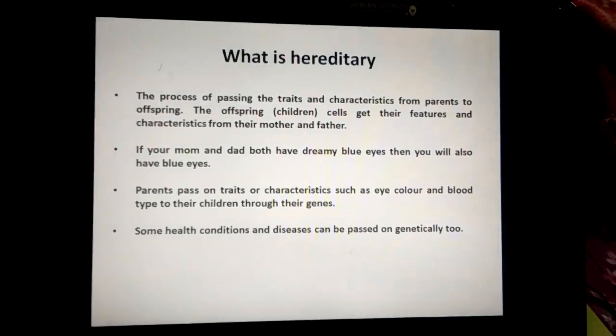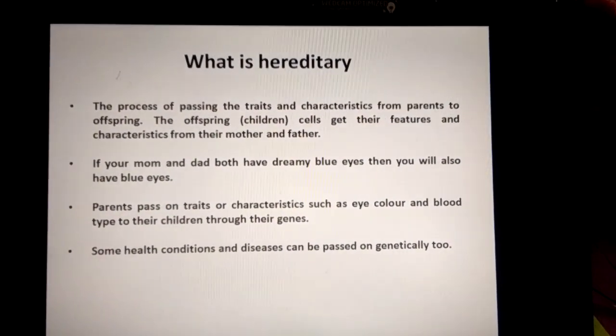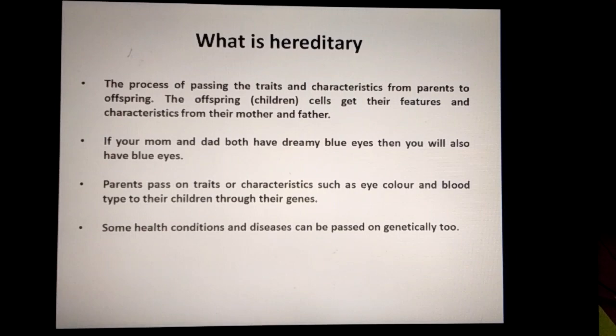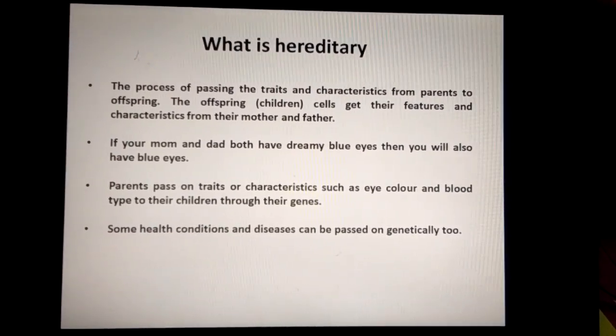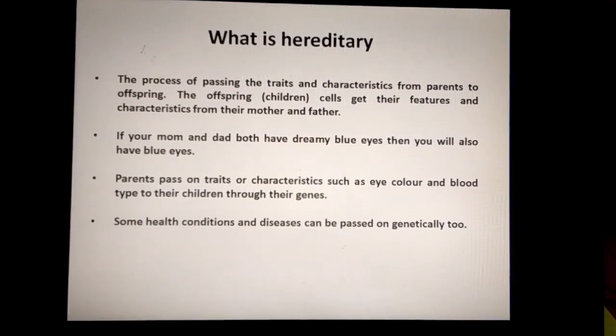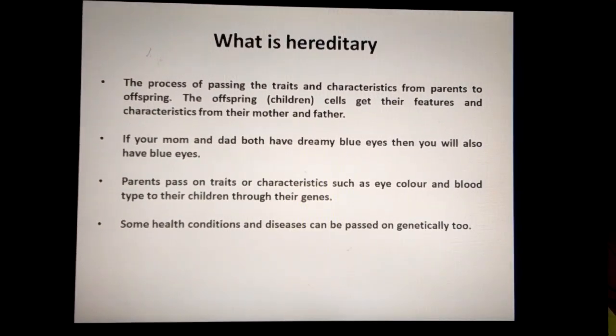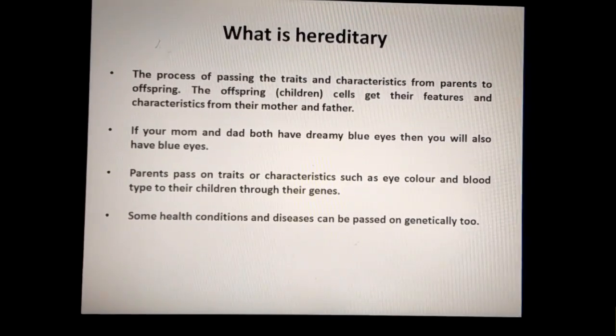What do you mean by hereditary? Hereditary is the process of passing the traits and characteristics from parents to offspring. The offspring cells get their features and characteristics from their mother and father.